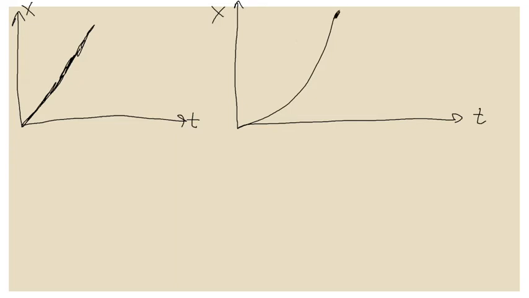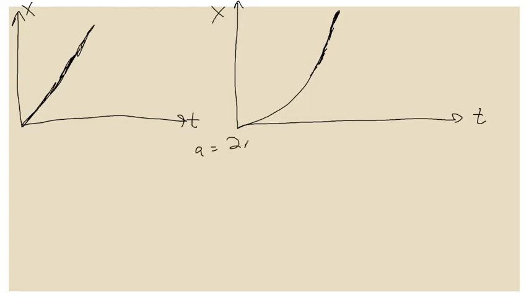We can use this graph of position versus time to confirm that the object is accelerating, but that doesn't quite show us necessarily that the acceleration is constant. How would we prove that the acceleration is constant?